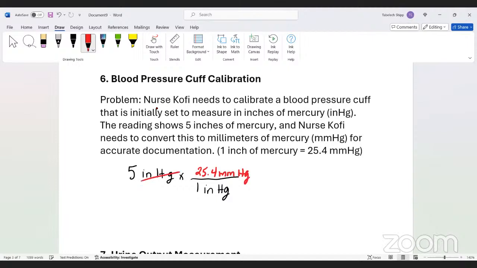And of course, you're going to cancel out those like terms, those inches of mercury, and multiply. Now, in this particular example here, you're going to be given 3 significant digits, because you're going to multiply 5 times 25.4. And so you're going to write your answer with those 3 significant digits, 127 millimeters of mercury.